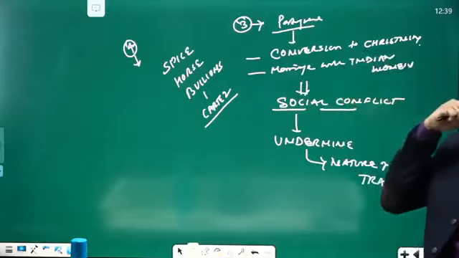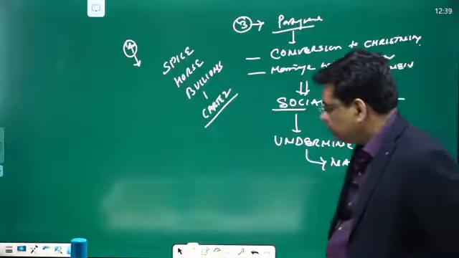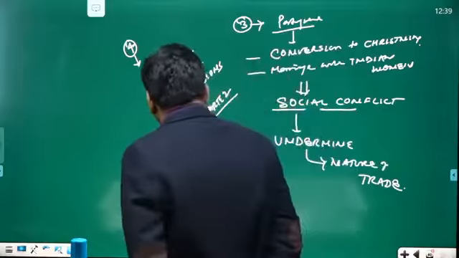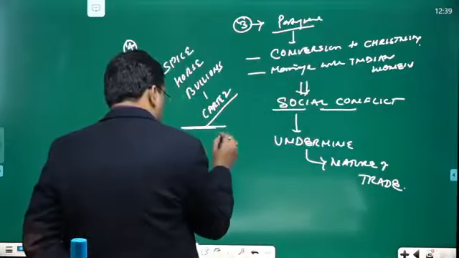So spice, horse, bullions. They never got perfection of trade.